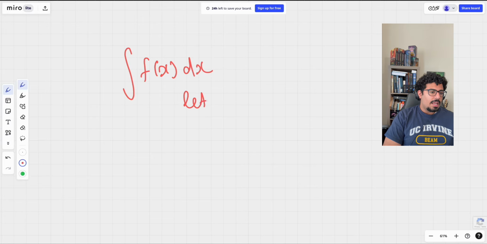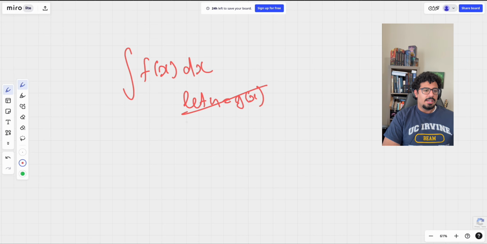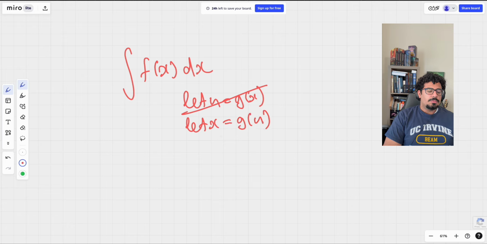Instead of saying let u equals g of x, some other function of x, let's invert it. Let x equal g of u, and we go through the usual steps. We say dx equals g prime of u du, and we substitute everything back into this integral.